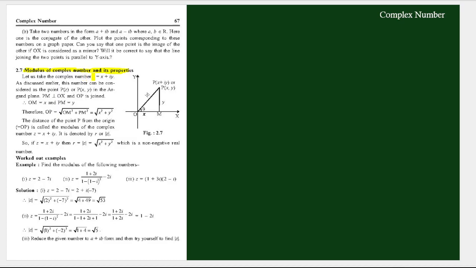So let us take a complex number z equal to x plus iy. Then P z, that means P comma x y. P z means a complex number. So the complex number can be written as an ordered pair x comma y in the Argand plane.